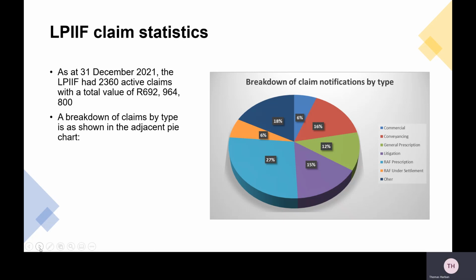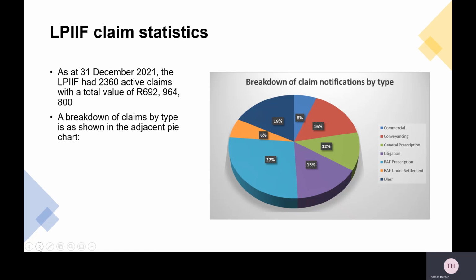Remember that these are only claims that are reported to the primary insurer, that's the LPWF, because it indemnifies all practicing attorneys and advocates with trust accounts who are in possession of a Fidelity Fund certificate.